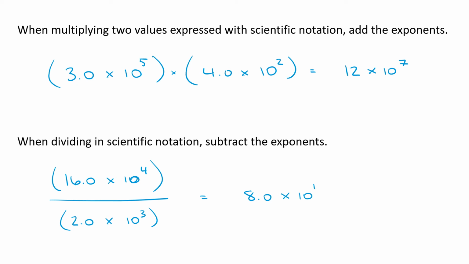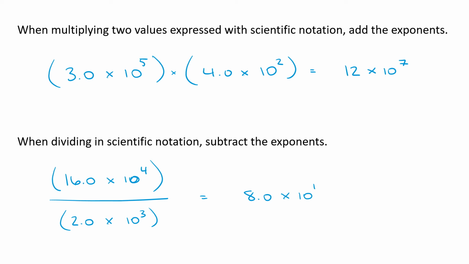This result is still doing the operation for the value out front, but I am subtracting the exponent. So this is going to be 8.0 times 10 to the what?